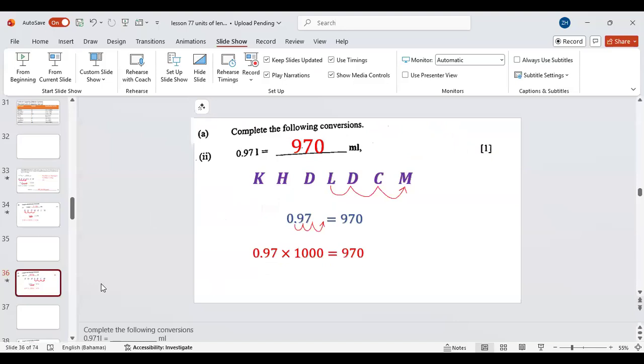We moved from liters to milliliters, right? Let's move from milliliters to liters. I'm pretty sure y'all are going to do well on that. Okay, milliliters to liters, remember? That's what we're going to move on to.